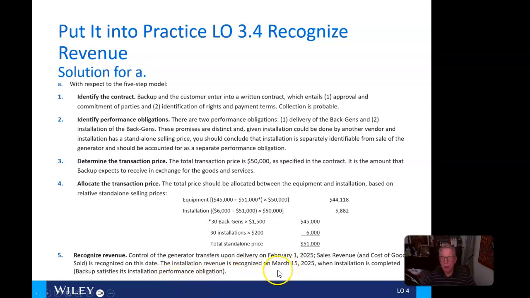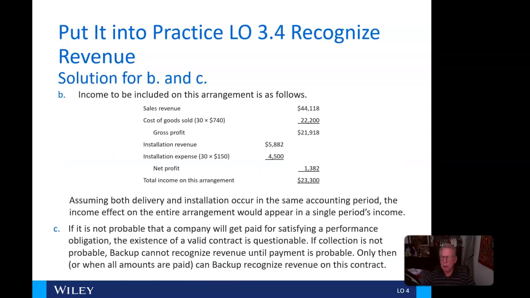And then we're also going to show that we've transferred those generators, and that portion is going to be done on February 1 here. Less, of course, the cost of goods sold that is associated with generating that revenue.